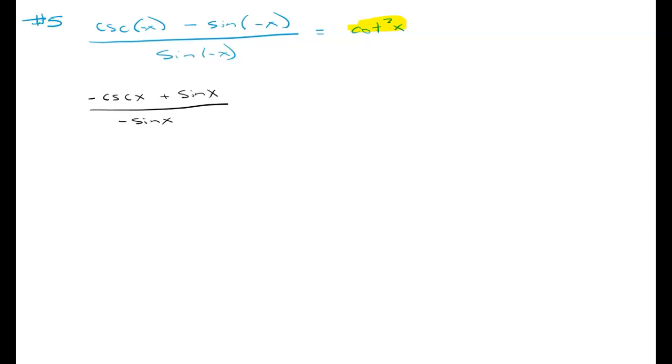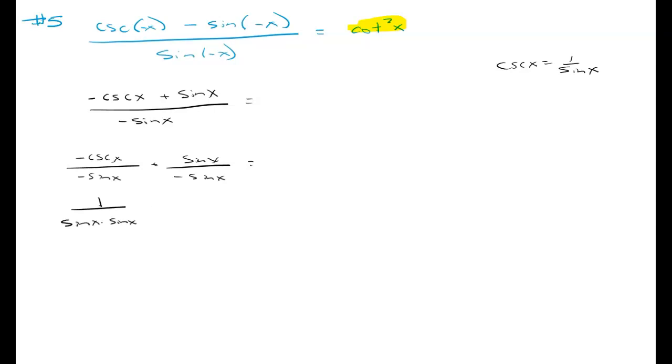What I like to do at this point is, again, break up my fractions. So negative sine of x goes there, and then sine of x over negative sine of x goes there. The two negatives are going to cancel each other out. Again, I know that cosecant of x is the same thing as 1 over sine of x, so I can drop everything into the denominator there.